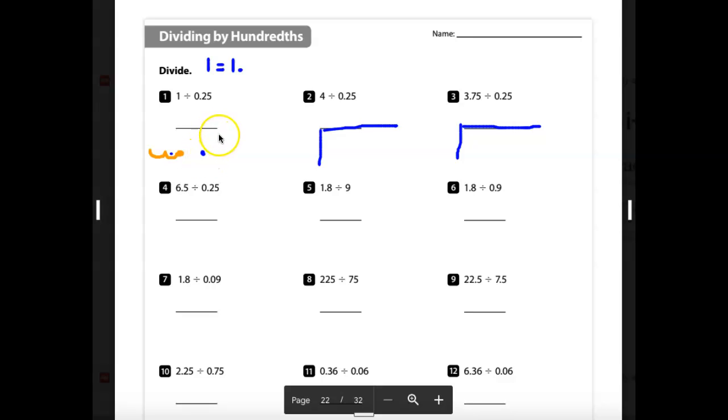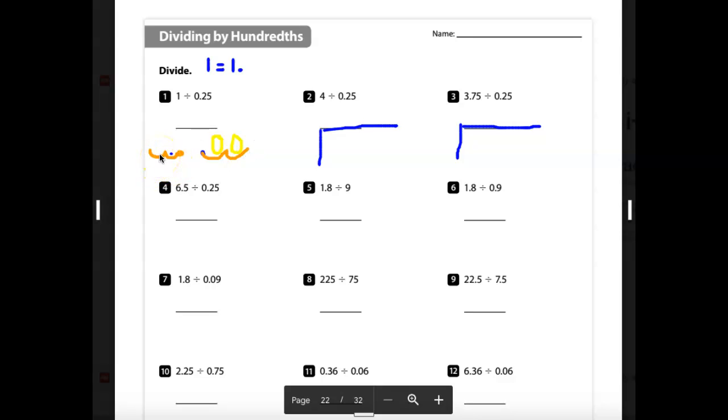So we have to add zeros because we need 2 more places so that we can move that decimal. So we're going to add a 0 here, and a 0 here. Now we can move this decimal over 2 places, just like we did over here.